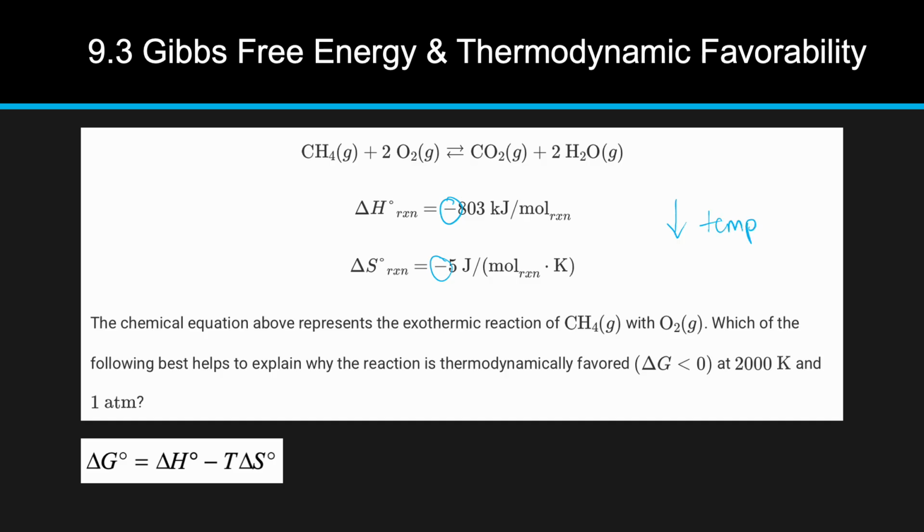However, I want you to notice our very large negative delta H value, meaning it is very exothermic.